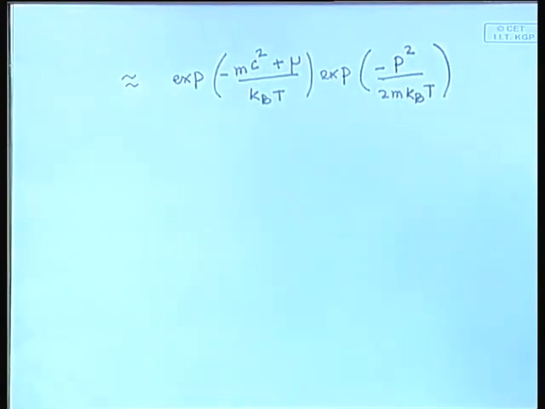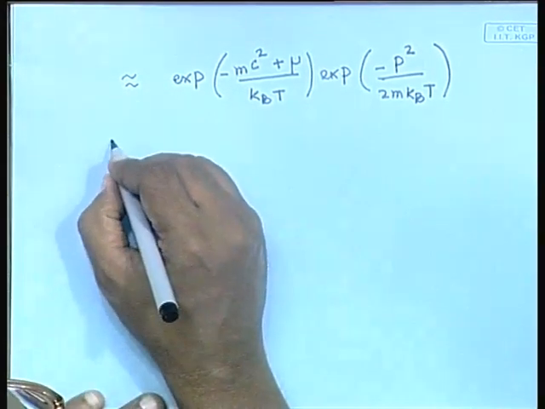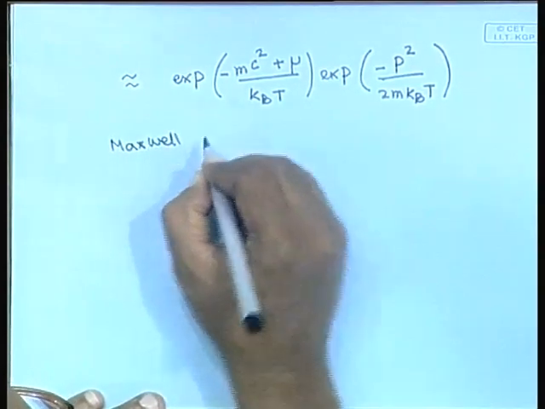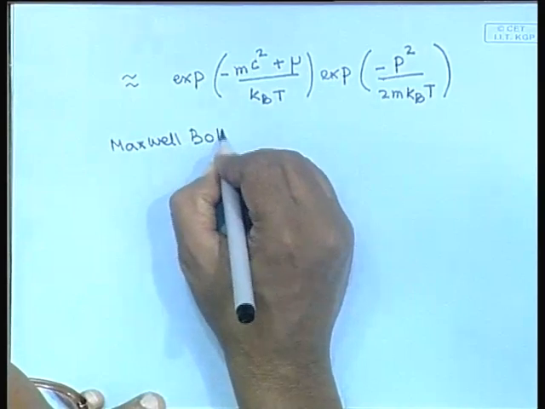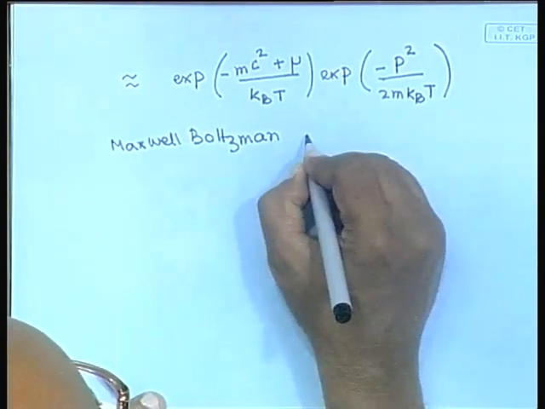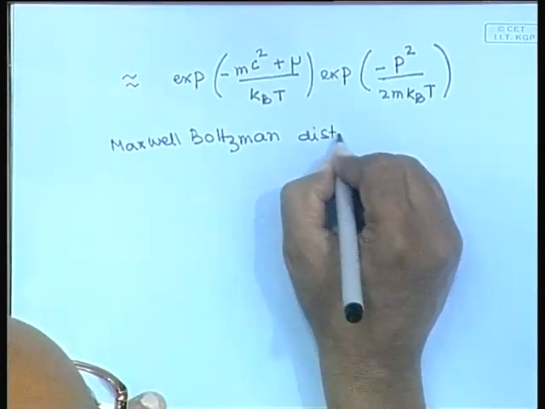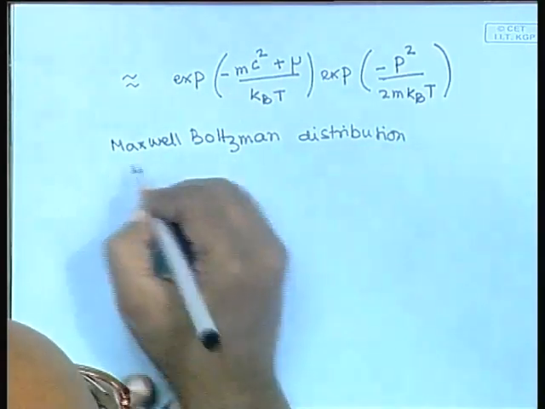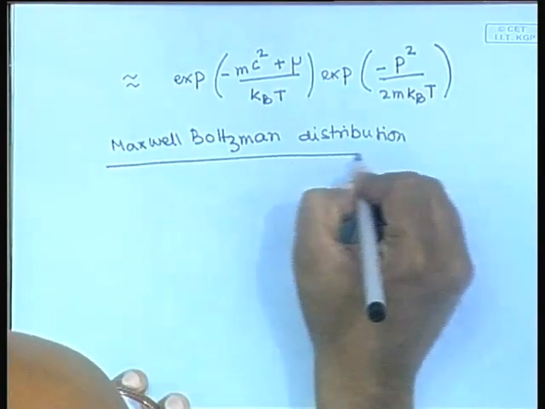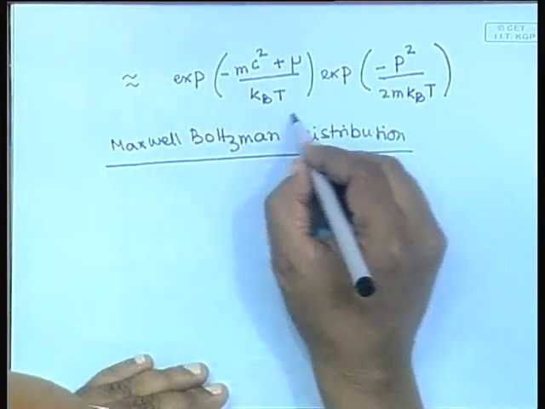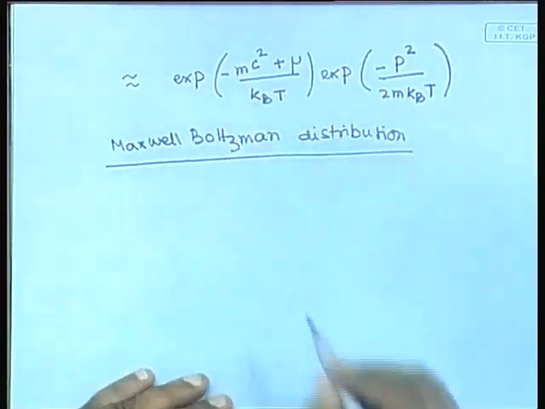Now, this is the Maxwell-Boltzmann distribution, and the overall number out here does not depend on p.